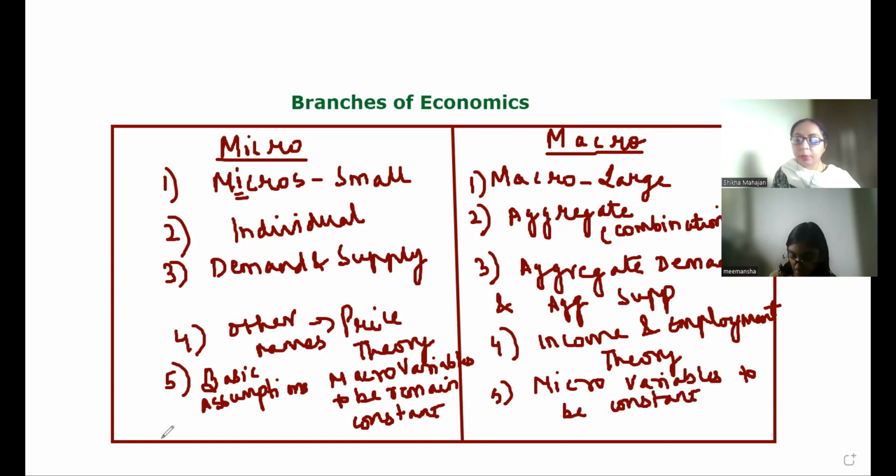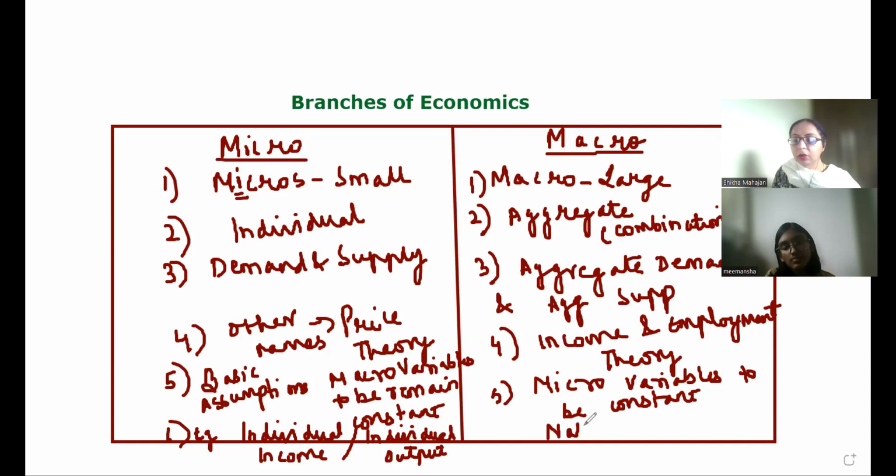And if I give you the examples, we can say individual income, and individual output. And here you will talk about national income. And national output.